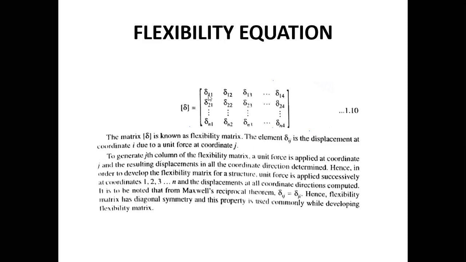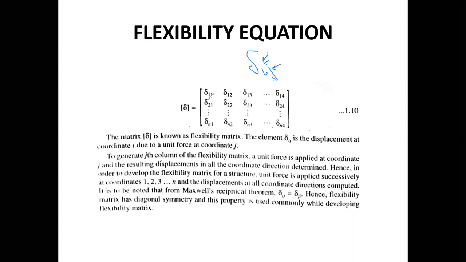The first term is represented like this, that is del ij. The term i represents where the impact is seen, and the letter j represents the coordinate direction where the load is applied.